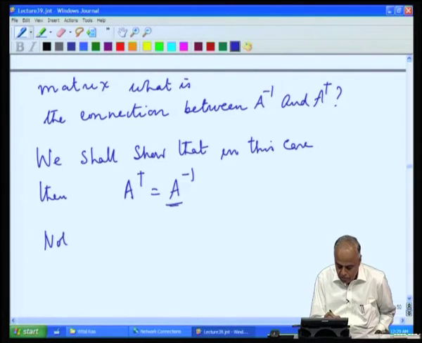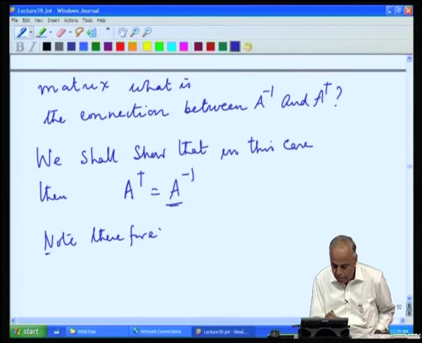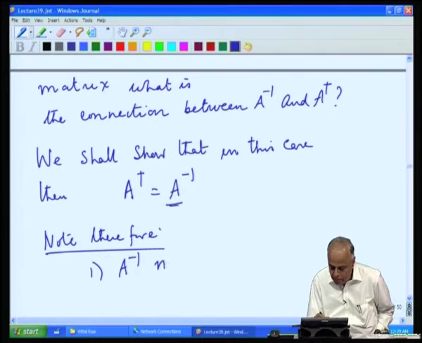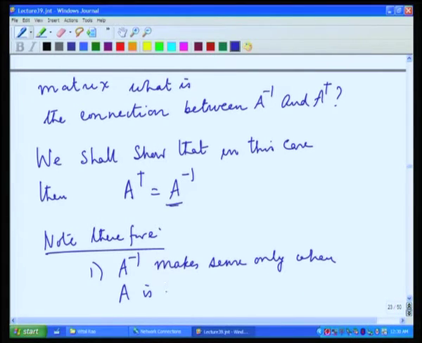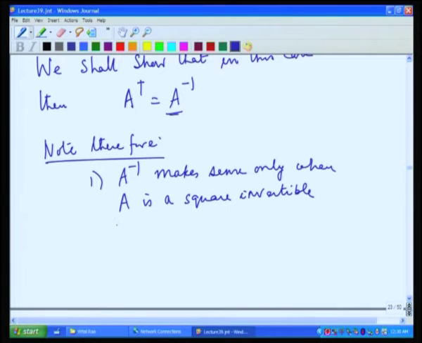Note therefore the following points. One, the notion A inverse makes sense only when A is a square invertible matrix.